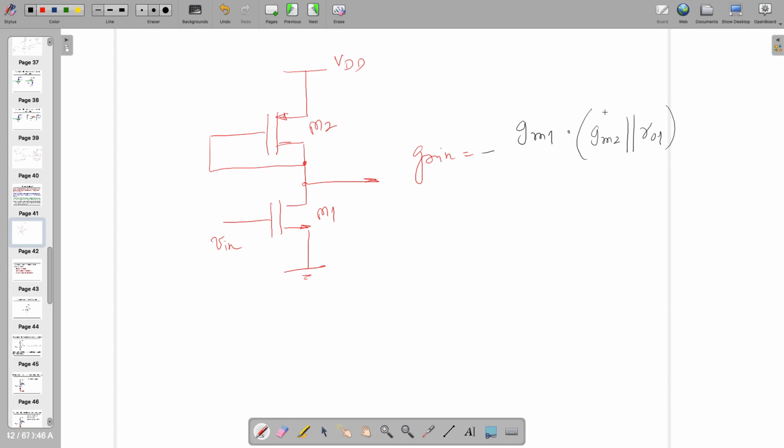Which one is 1 by GM? This is 1 by GM. Okay, now fine. What about RO2? RO2 is neglected. So here RO2 can also be neglected, and this will be minus GM1 divided by GM2, right?